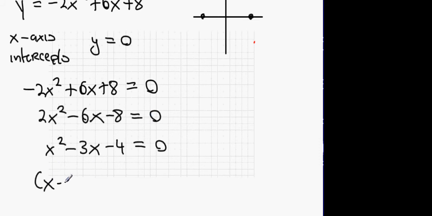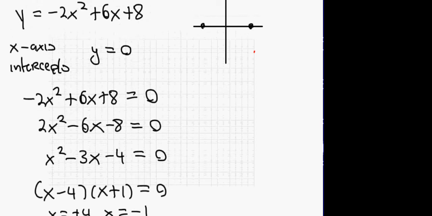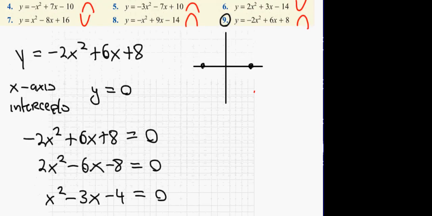It's going to be (x - 4)(x + 1) = 0, x equals minus 1, and x equals plus 4. Now, go back to the top, and I'm going to do minus 1 and 4 now. Minus 1 is in here, plus 4 is much bigger, it'll be out here. Okay? Move on.